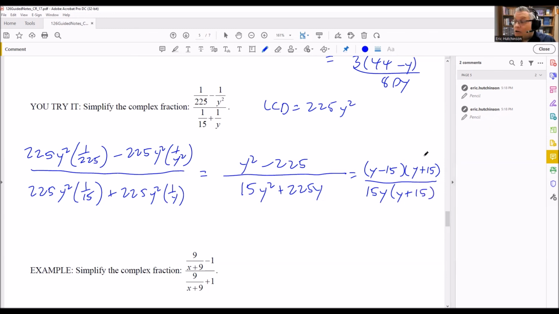Now we see here that we can cancel out a y plus 15 from the top and bottom, which means your final answer will be y minus 15 all over 15y.